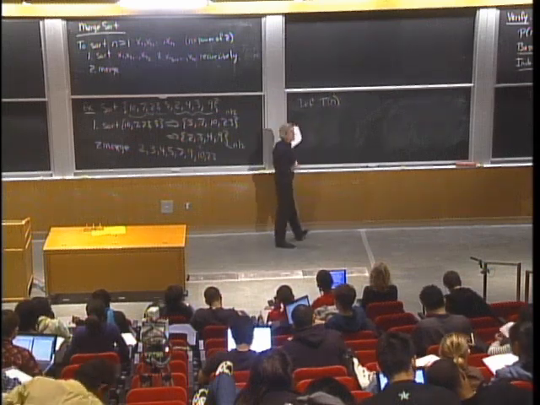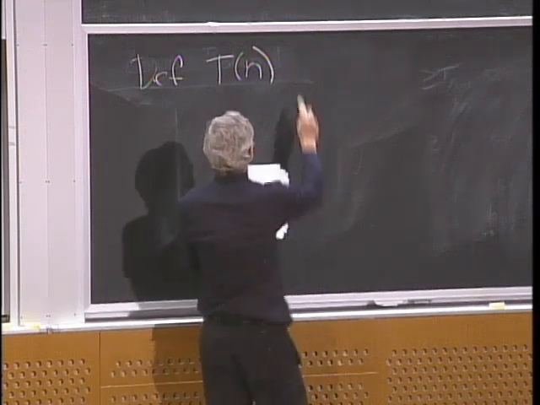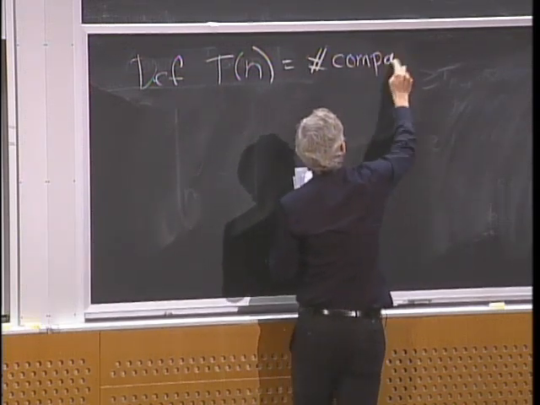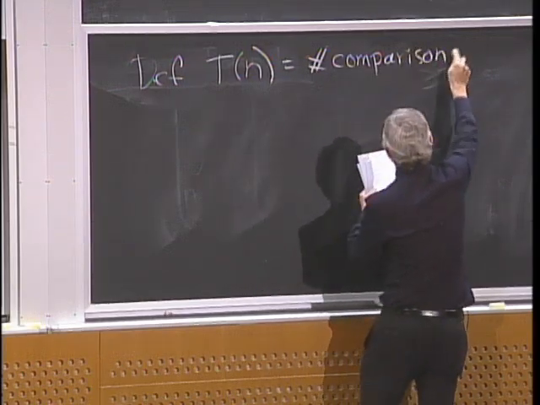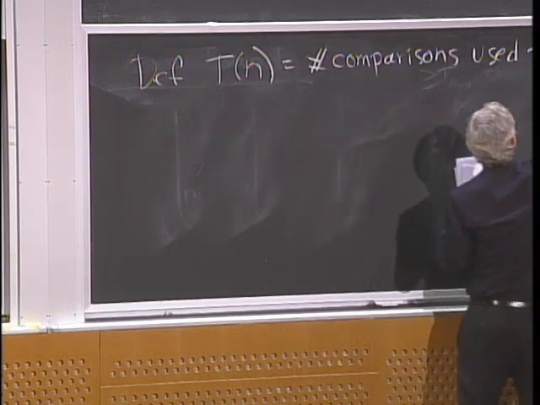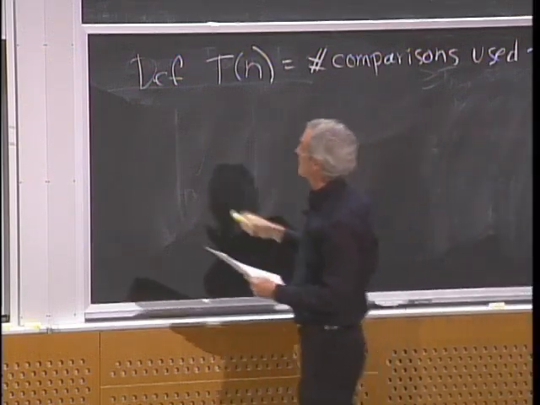Makes no difference, but you'll see people do recurrences both ways, t of n or t sub n. It's going to be the number of comparisons used by merge sort to sort n numbers in the worst case.